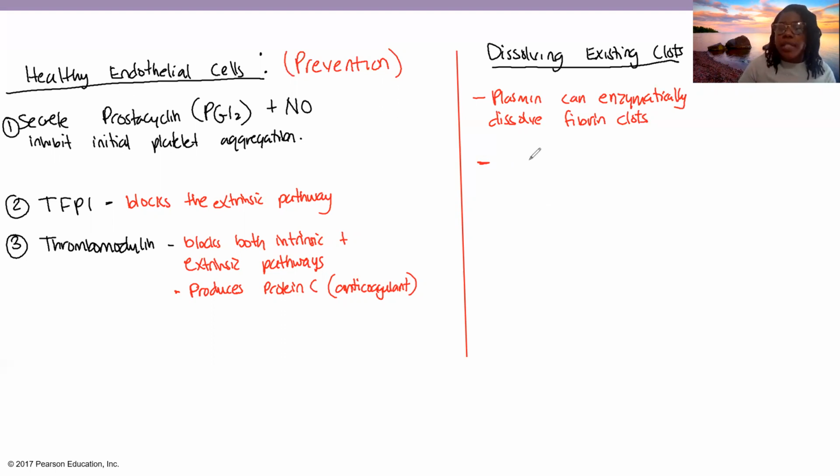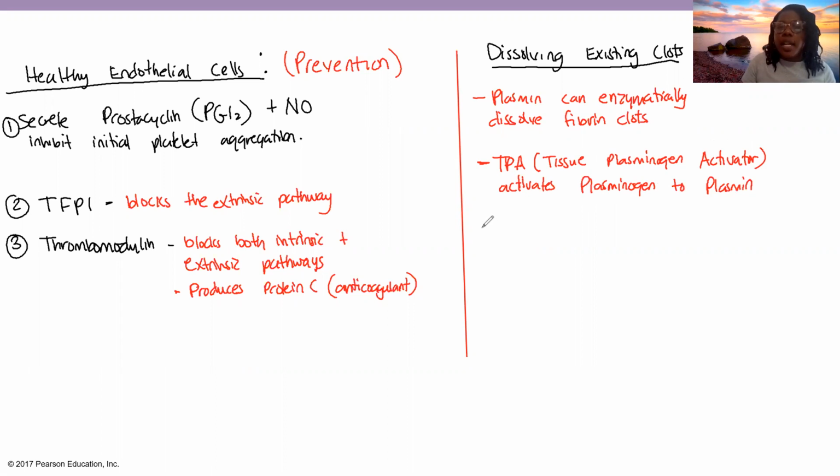So TPA, or tissue plasminogen activator, is what is needed to activate plasminogen to plasmin.